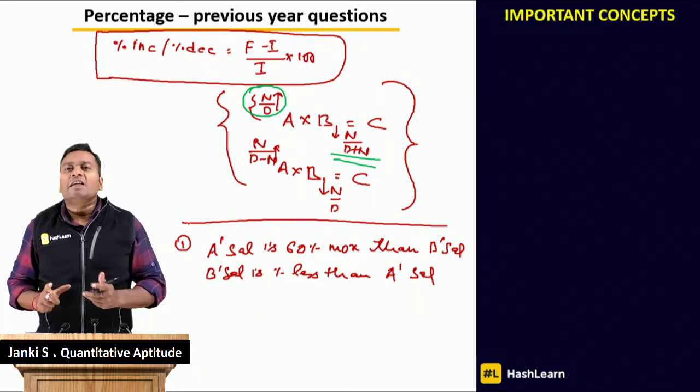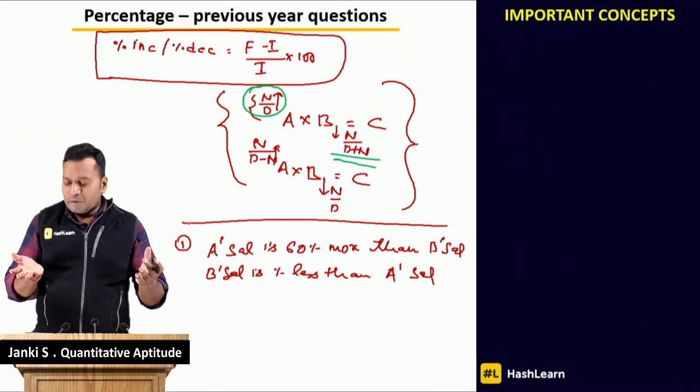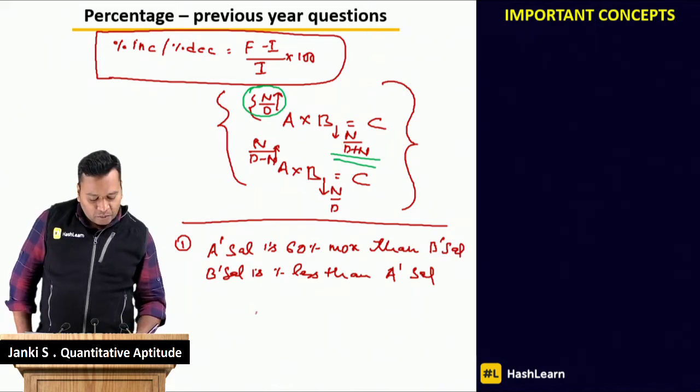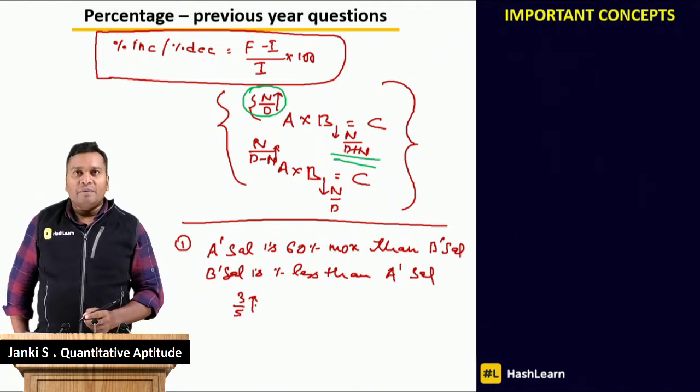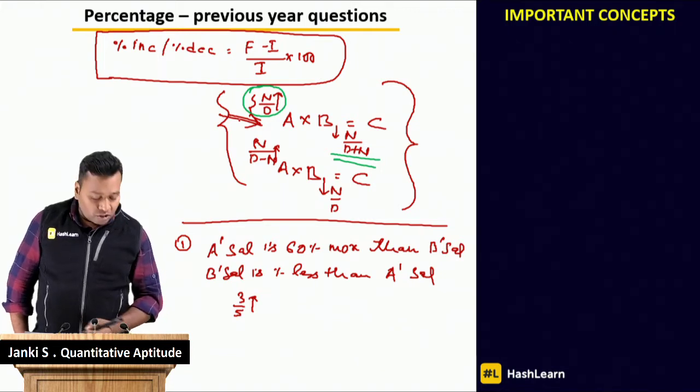So ये basic condition है. बट अगर आपको ये पता है कि यहाँ पे हम comparing these two things, अगर ये पता है compare कर रहे हैं तो आप directly find out कर सकते हैं. क्या है? A की salary 60% more, so 60% more in terms of percentage how much? 60 by 100 which is 3/5. So 3/5 is in terms of fraction. So हमें ये वाला logic लगाना है because मेरा increment तो दिया हुआ है.